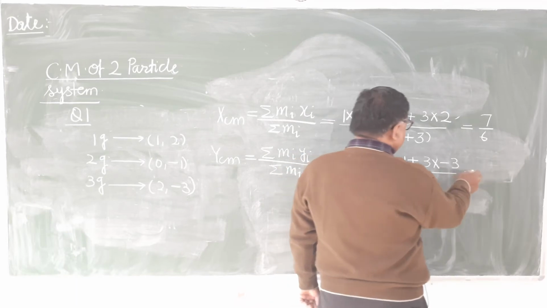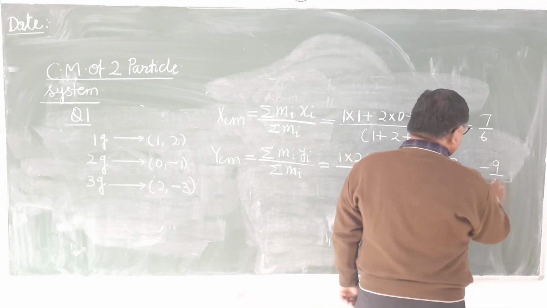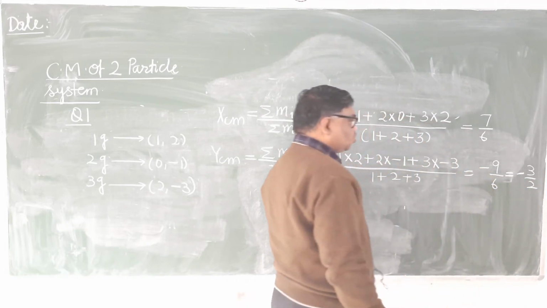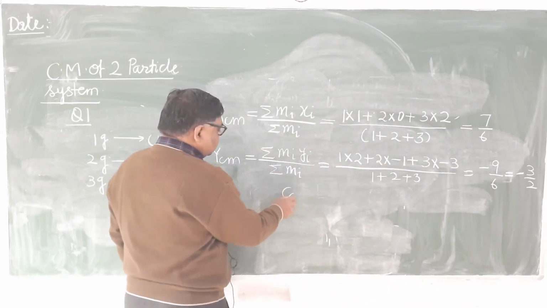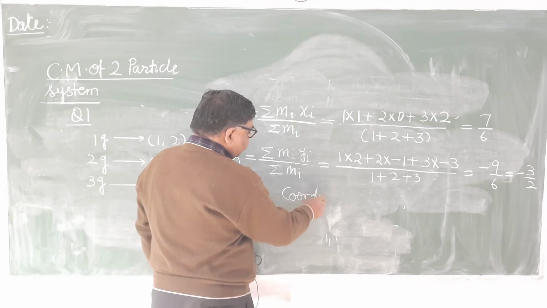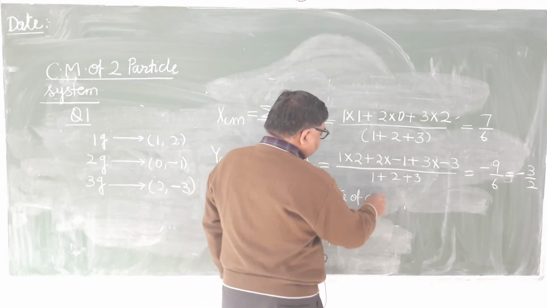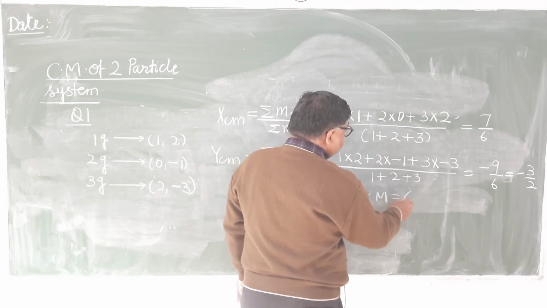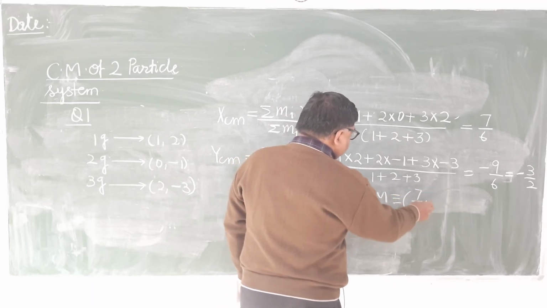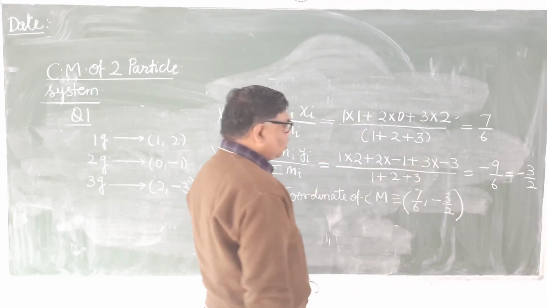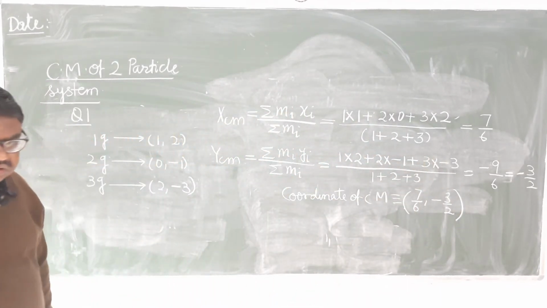So it will be -9 upon 6, that is -3 upon 2. So what is the coordinate of CM? It will be 7 upon 6 comma -3 upon 2. This is the coordinate of center of mass.